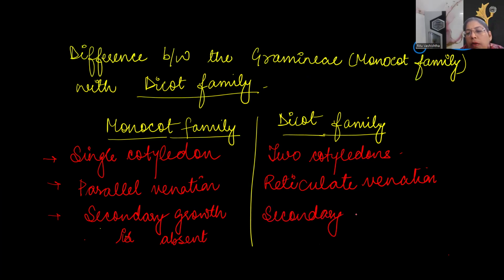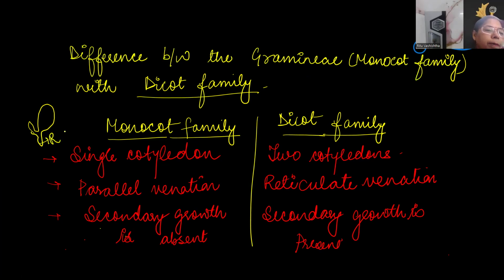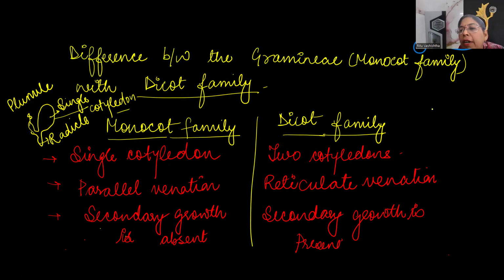I'll explain how. See, when I say single cotyledon, it is very much clear that a single cotyledon is developed. This is the radicle part, this is the plumule part, and a single cotyledon is developed during germination of the seed. So that's why we term it as monocot family. In dicot family, there will be formation of two cotyledons with the radicle and plumule.